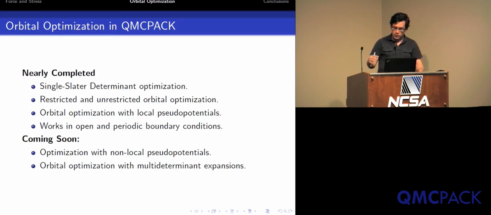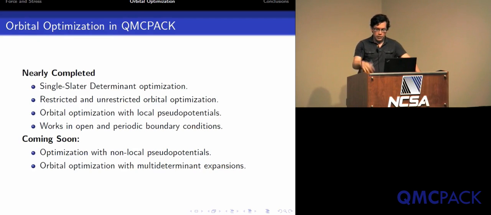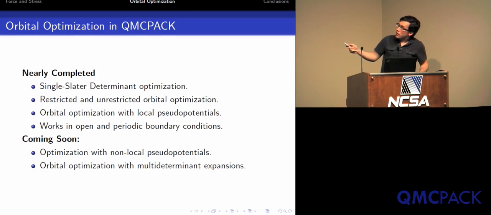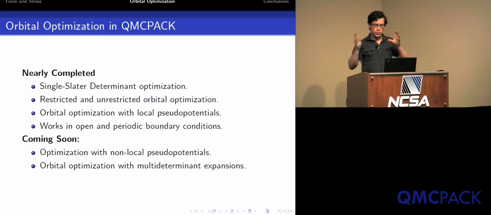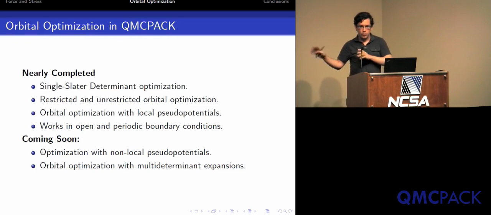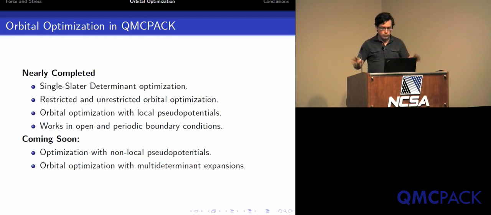What's going to be coming down the pipeline, probably by the next release, is single Slater determinant optimization, within this restricted and unrestricted orbital framework for people who are used to DFT, sorry, quantum chemistry.